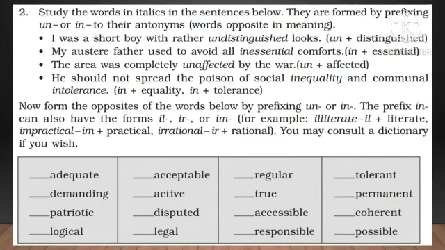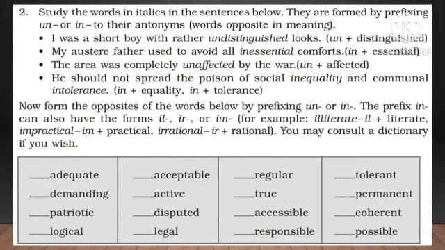Then the third one: the area was completely unaffected by the war. Un plus affected gives you the word unaffected.